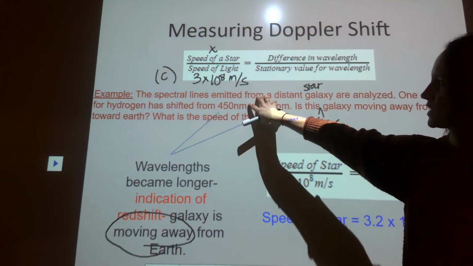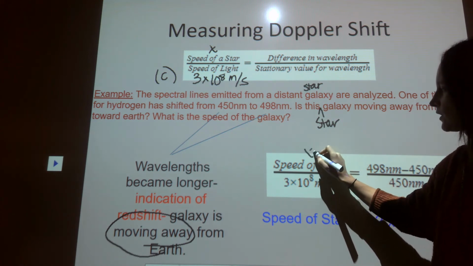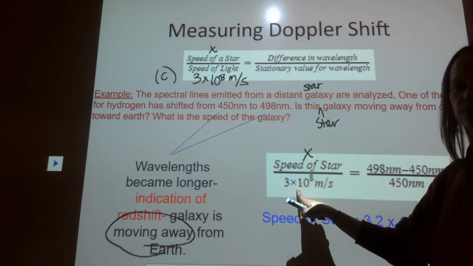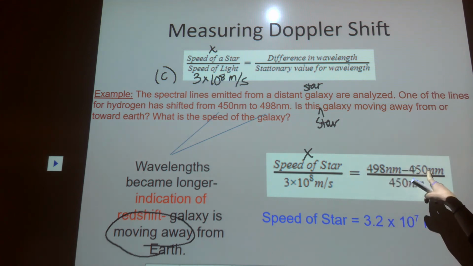If we use numbers from this problem, this is what it looks like. Speed of the star, our unknown, divided by speed of light is equal to the difference in wavelength.